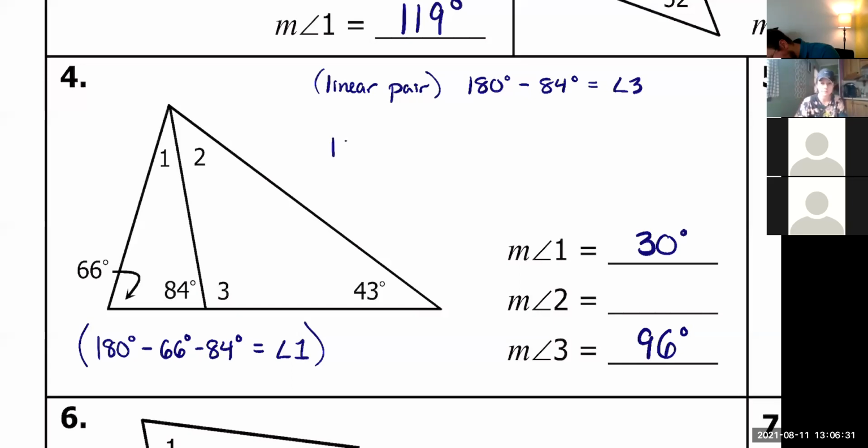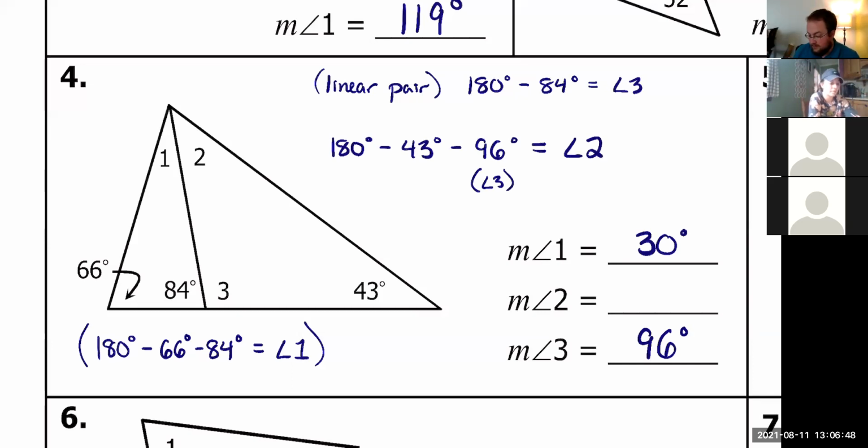So I'll take the 180 degrees minus the 43 degrees minus the 96 degrees, which was our angle 3. And that should give us angle 2. 41.